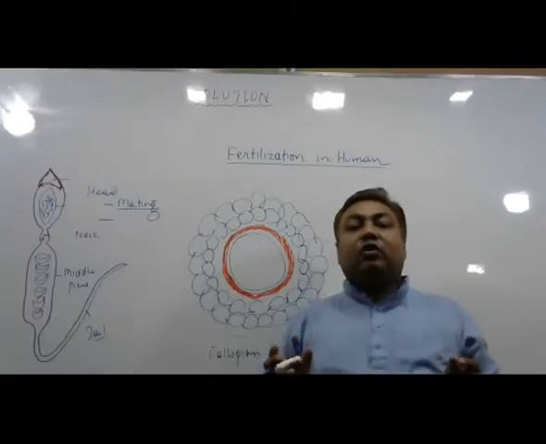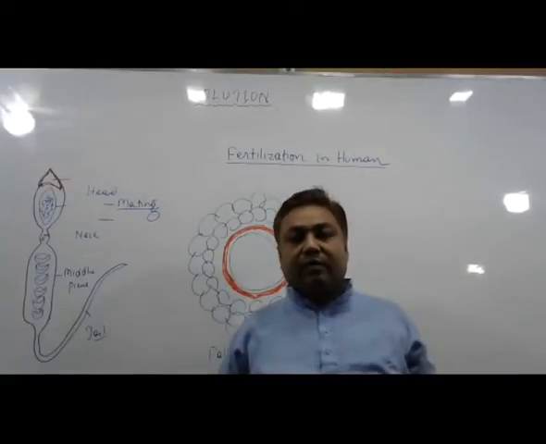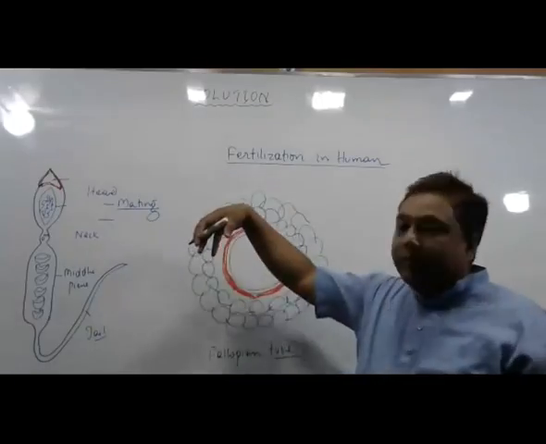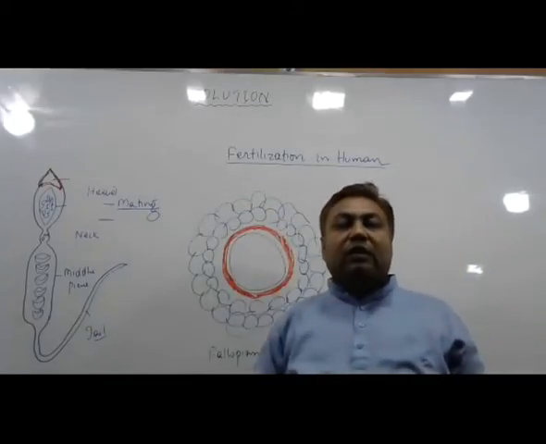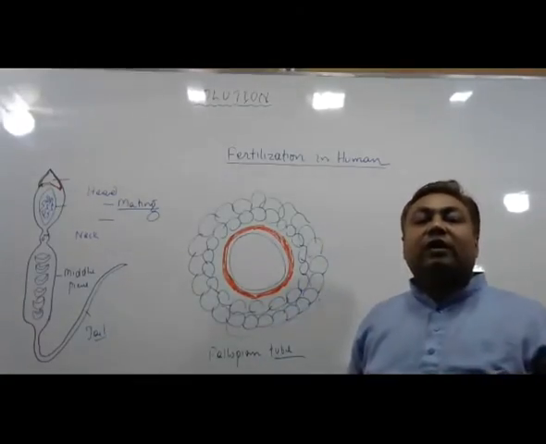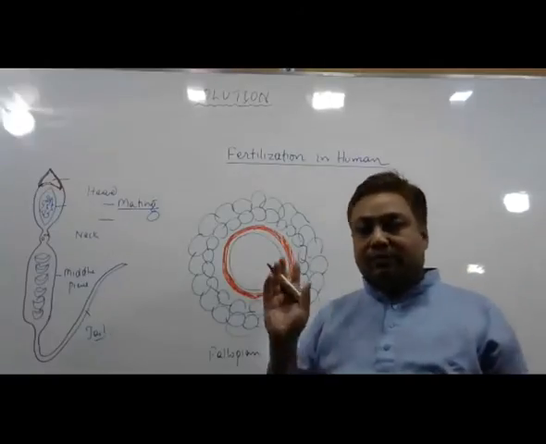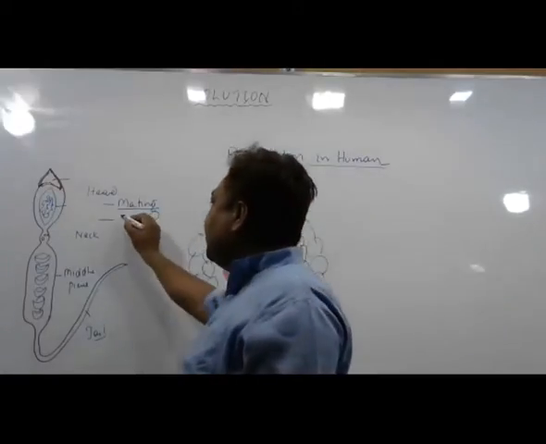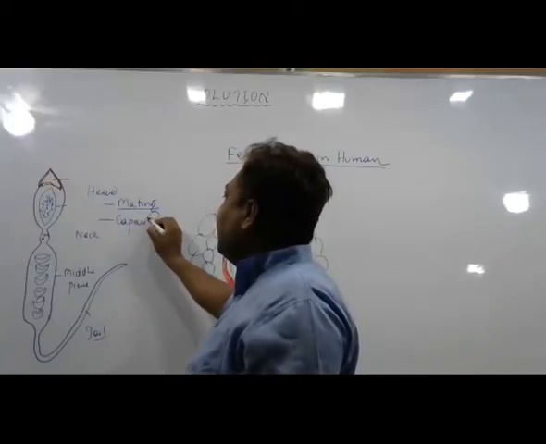The cholesterol vesicles present in semen get destroyed. The head covered by cholesterol gets washed or removed, and this is called capacitation. That means activation of the sperm. So after mating, the second step is capacitation.